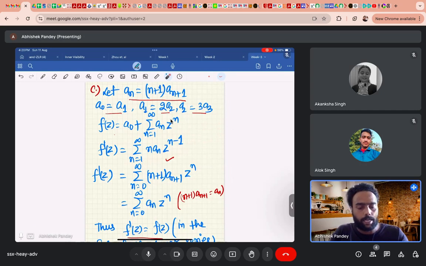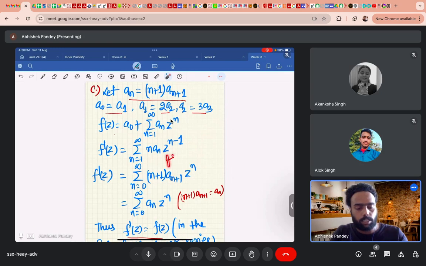So here if you take n equals 1, what will you get? a_1. And if you take here n equals 0, what will you get? a_1, isn't it?